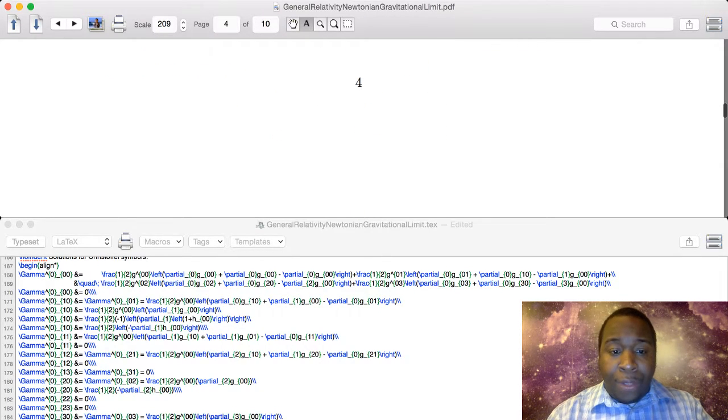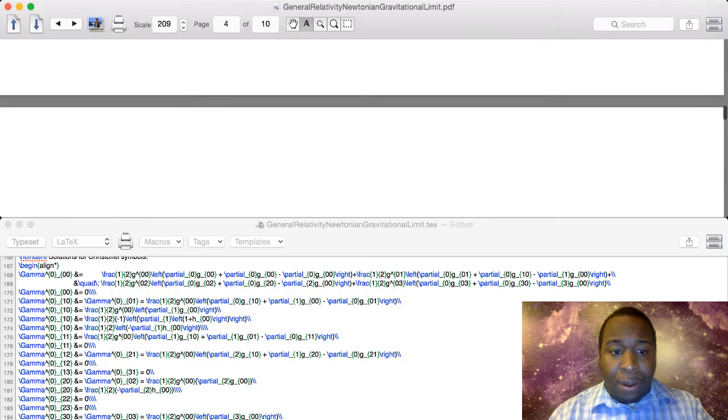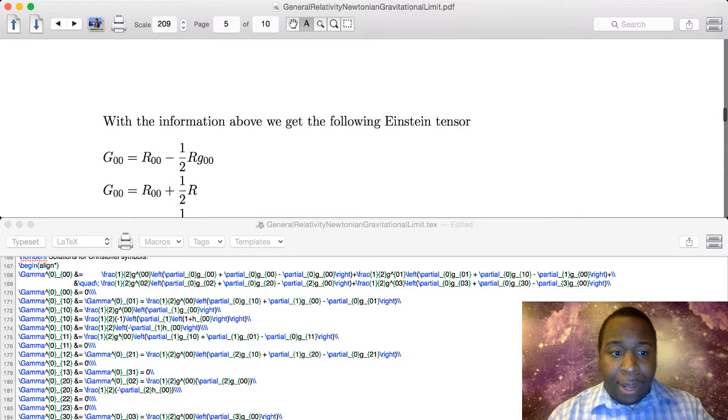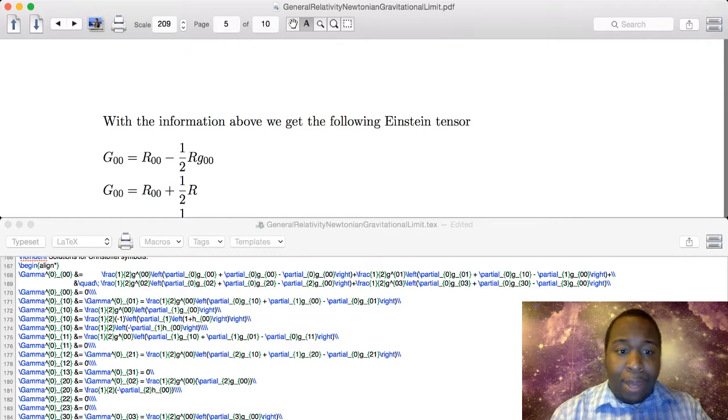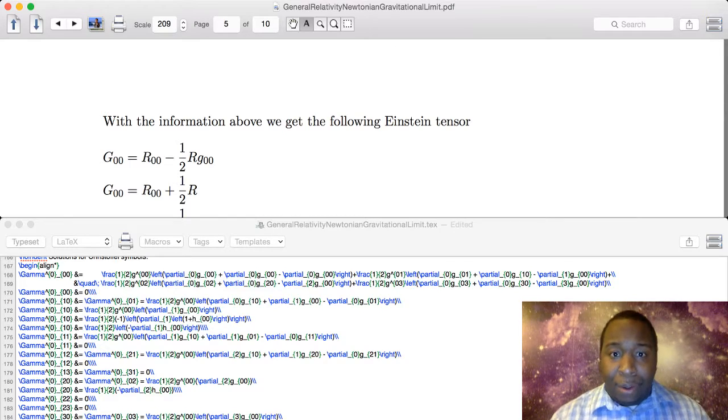And so with all this information, you can start making an attempt to solve for what the left hand side of the equation is going to be, or what our space-time curvature is doing.